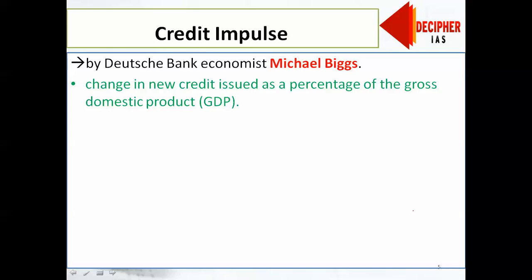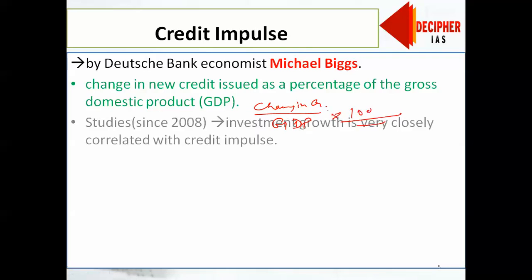Means how much more credit is being issued per GDP, that is, change in credit issued divided by GDP into 100. It will give you a percentage.